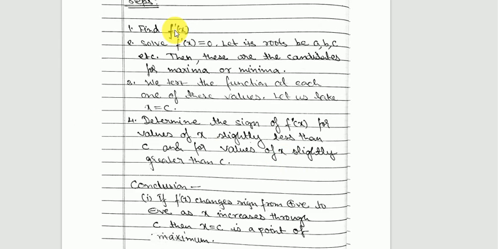So first we are supposed to find the derivative, then you have to put that derivative equal to 0. In that way you will get the values for which the derivative becomes 0. That means those points are turning points, meaning from there you can get a point of minimum or a point of maximum depending on how the sign of the derivative is changing.